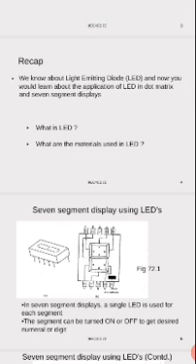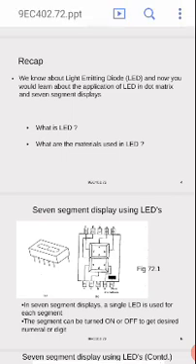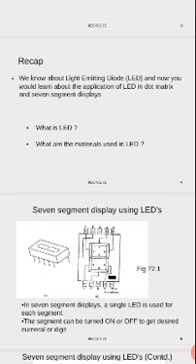It shows number 8. In that number 8, this number 8 is formed with 7 lines. Hence it is called as 7 segments display.